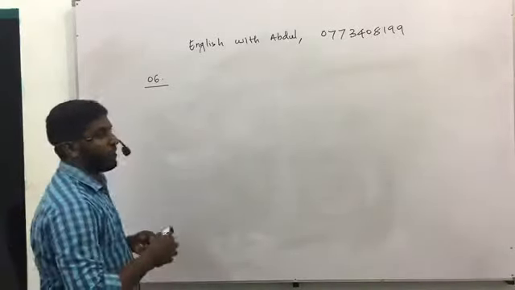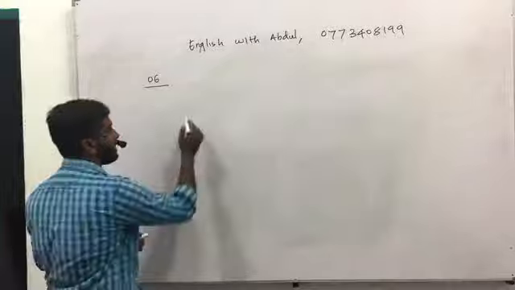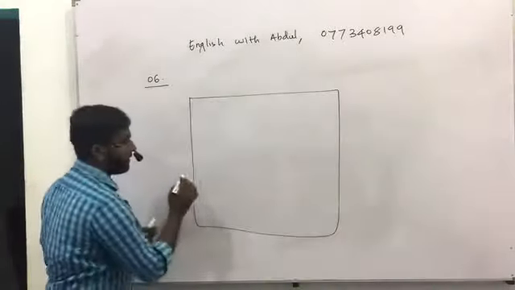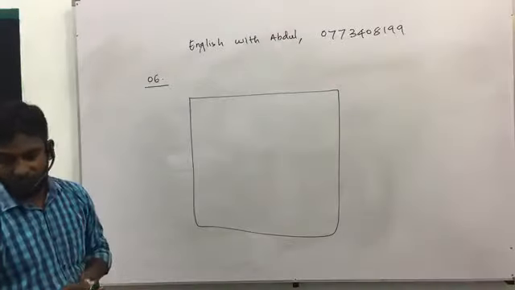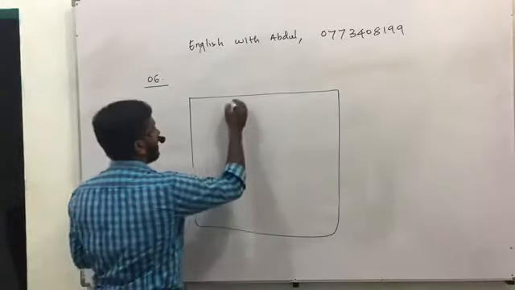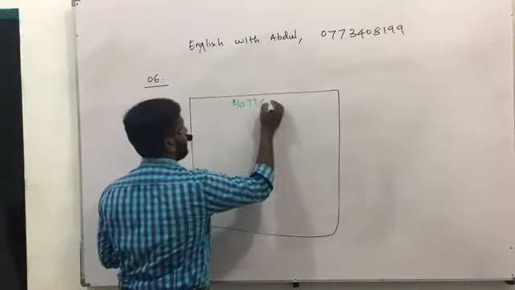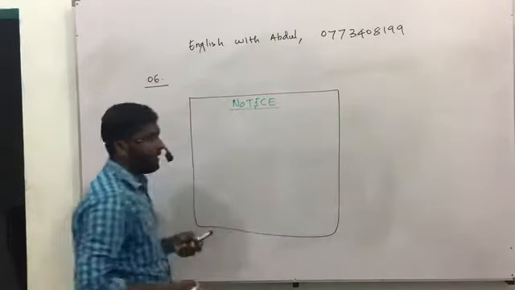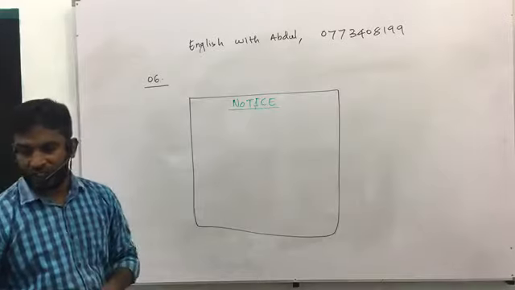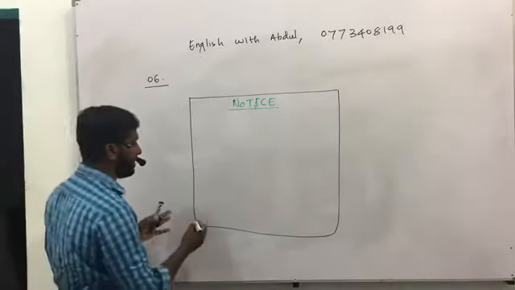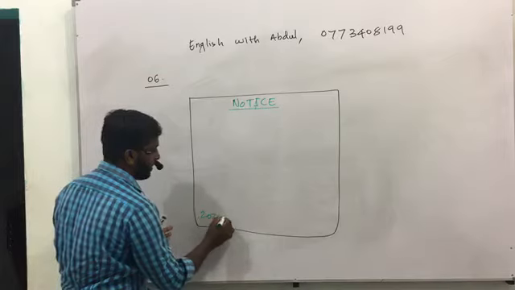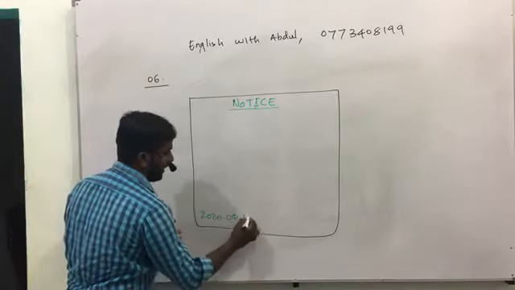Now, there is also a format for writing a notice. You can put a heading like this, Notice, and at the end of the notice you have to write the date here, for example, 2020 4th 18.